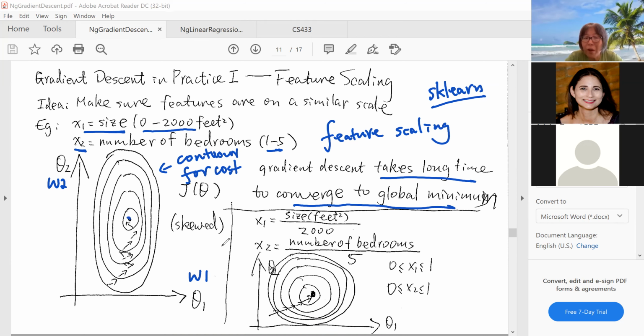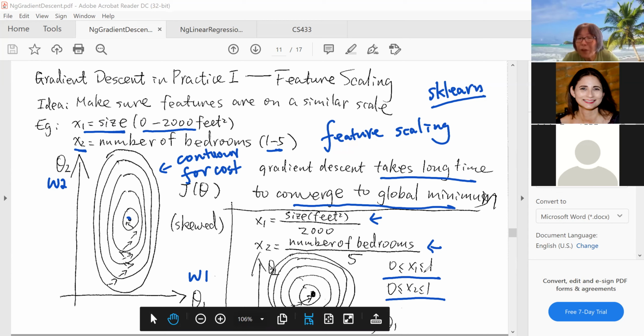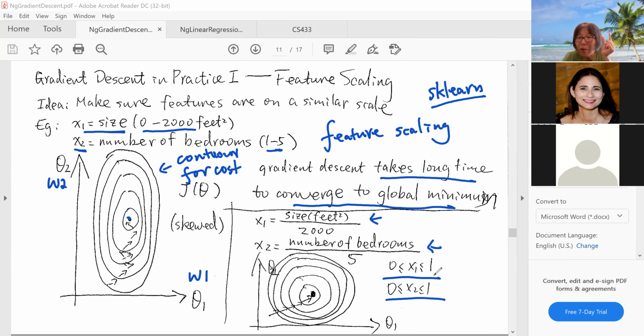If we scale it, because the square feet is in the range of 2,000, you divide by a number, and it can bring both features to a scale of 0 to 1.